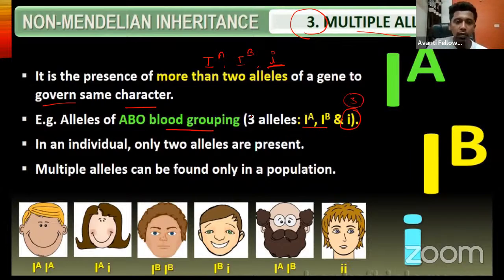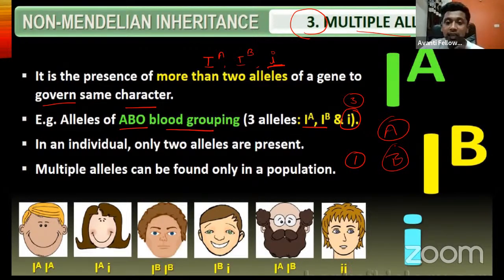An example of multiple allelism is our ABO blood group. If I take one individual from your classroom, or my family, or any of my friends and ask their blood group, they will say A. If I ask another friend, they might say B. With only two individuals, I will not be able to understand the genetics, how the alleles are behaving.